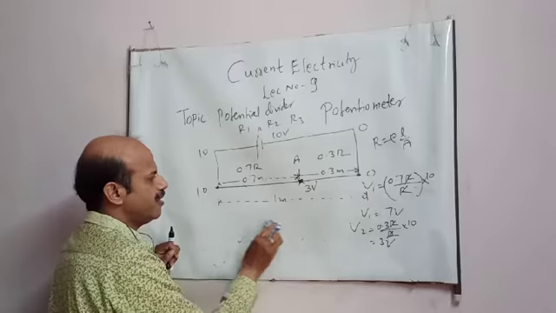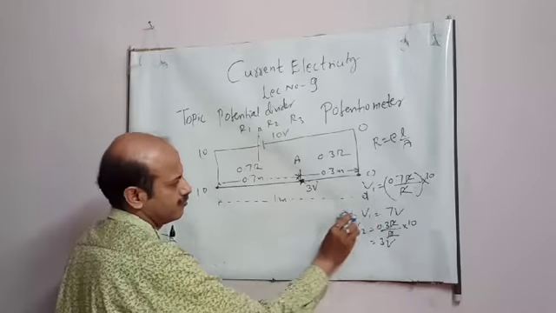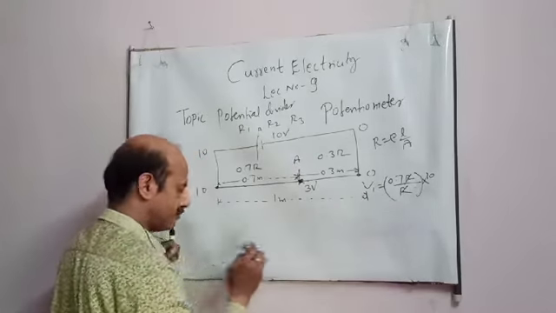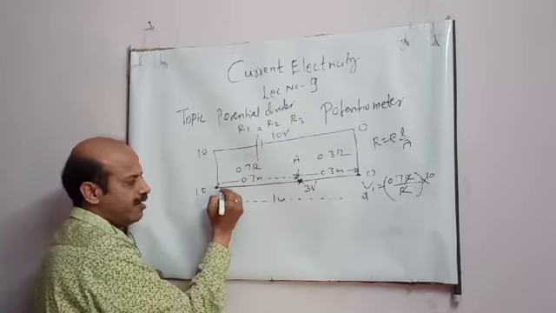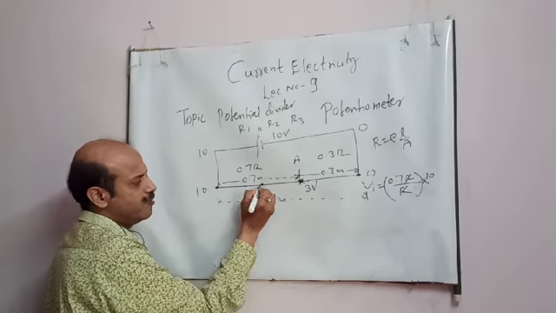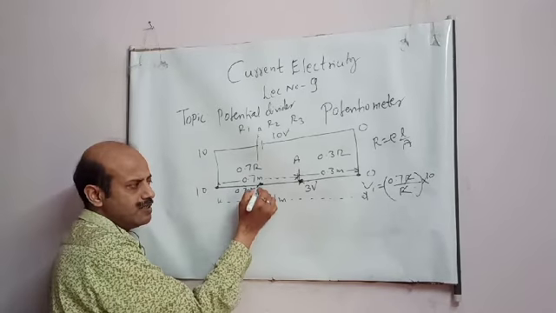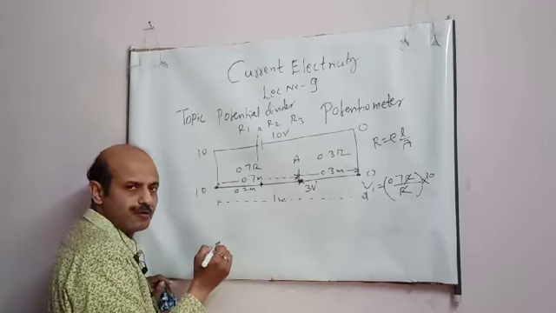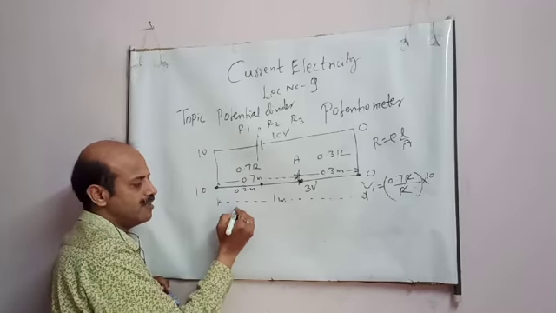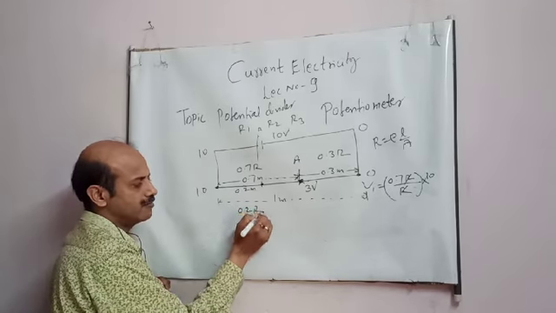Now suppose I take a point at a distance of 0.2 meter. How much is the potential here? How to find out? See, 0.2 meter means the resistance is 0.2 R, as I have assumed.